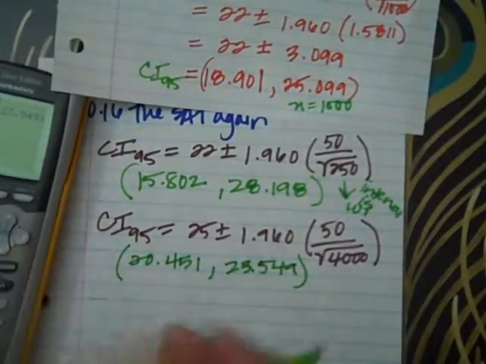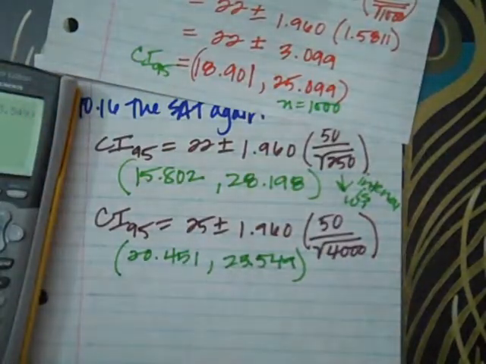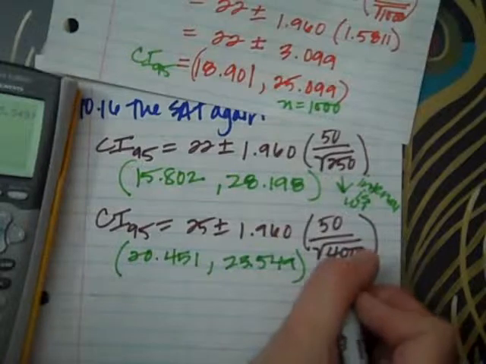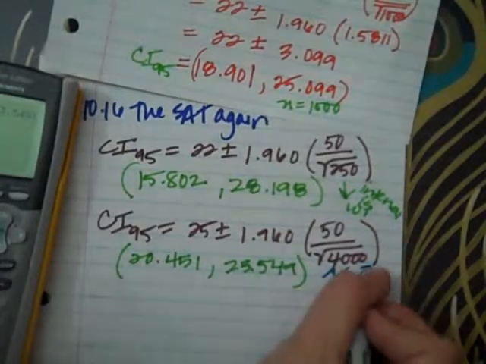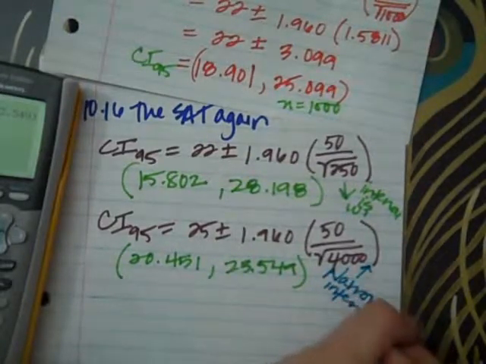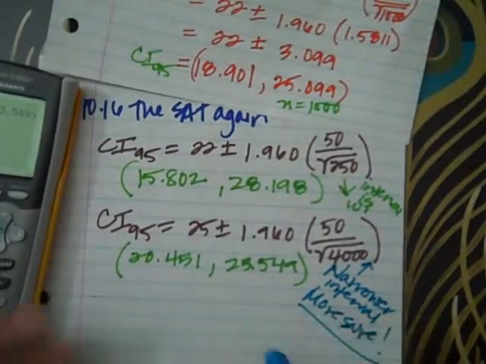And what I expected. The interval got narrower when the sample size went up. The sample size went up, we have a narrower interval. I am more sure when my sample size is larger.